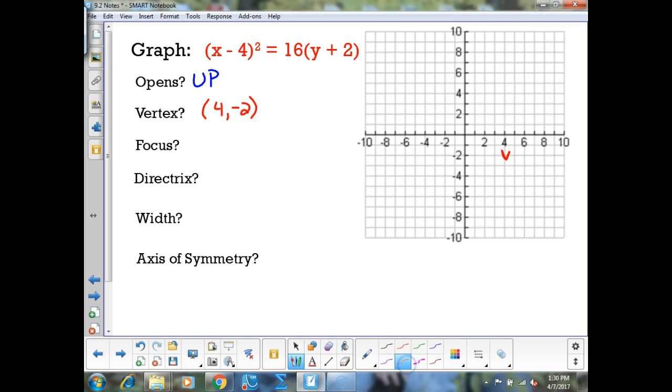What's 4P? 16. So P is 4. So that means I go up 4. 1, 2, 3, 4. And there I find my focus. So my focus is at the point 4, 2.